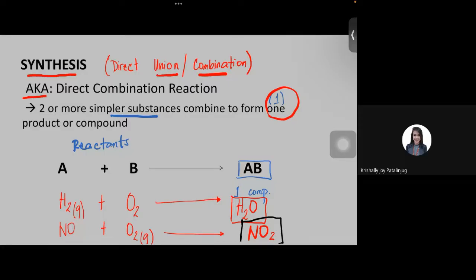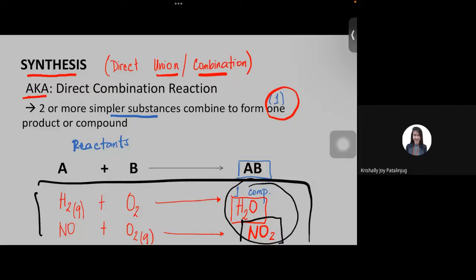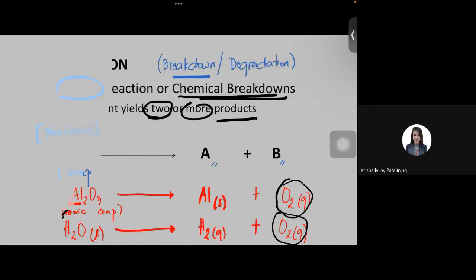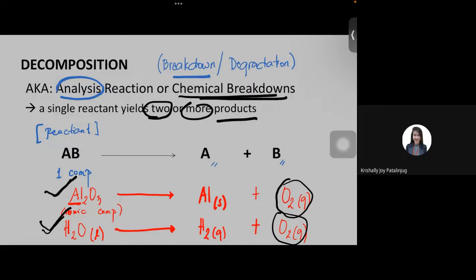Okay, so there might be question na given yung complete chemical reaction, you just have to identify if it is synthesis or a decomposition type of reaction. So that's how you study these first two types of chemical reaction. No need to learn how to predict the products. Just know how to identify if it is synthesis versus if it is decomposition.